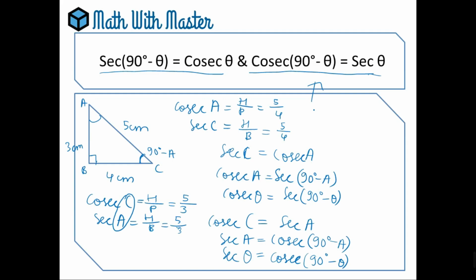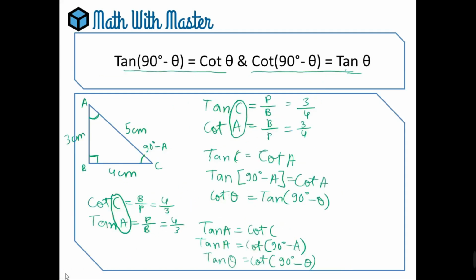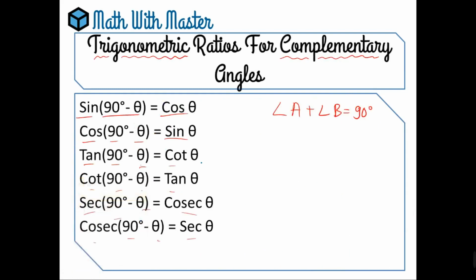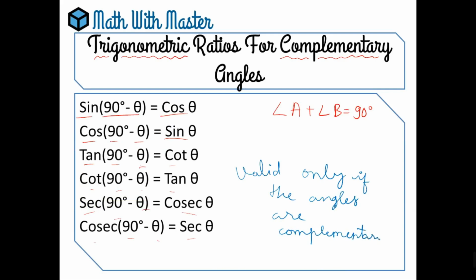If angle A plus angle B is 90 degrees, then sin A and cos B will be the same, cos A and sin B will be the same, tan A and cot B will be the same, cot A and tan B will be the same, sec A and cosec B will be the same, and cosec A and sec B will be the same. The condition is that both angles must be complementary; only then are these equations valid. This is a very important point.